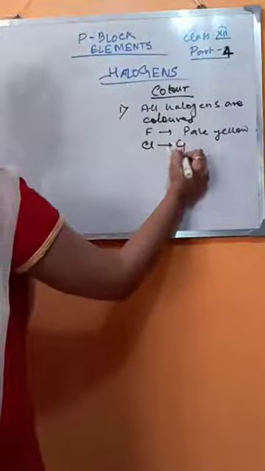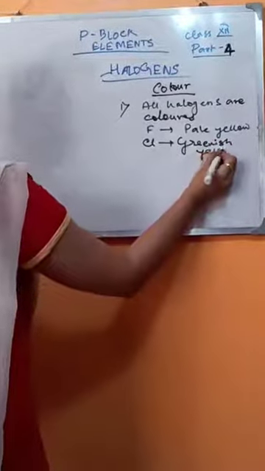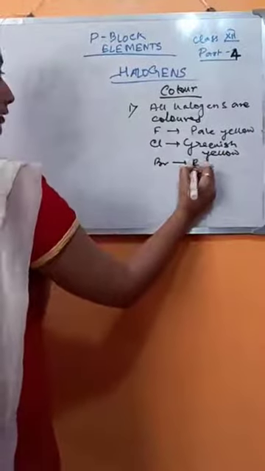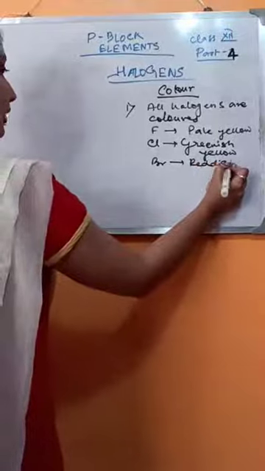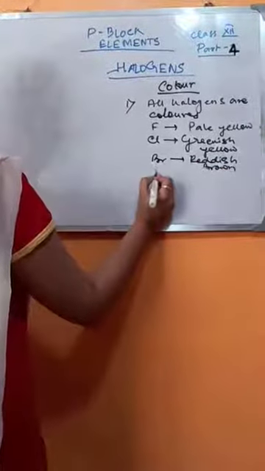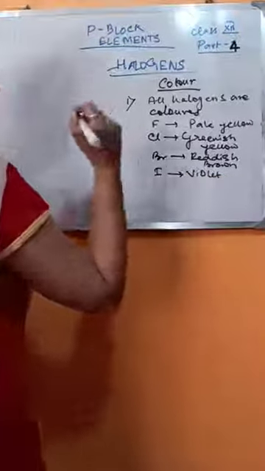Chlorine, greenish yellow. Bromine, reddish brown. And iodine, violet.